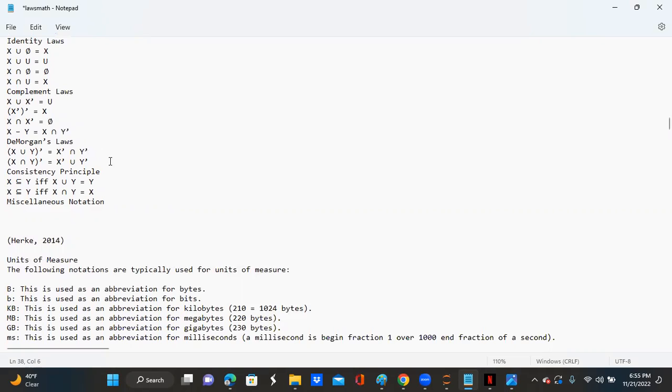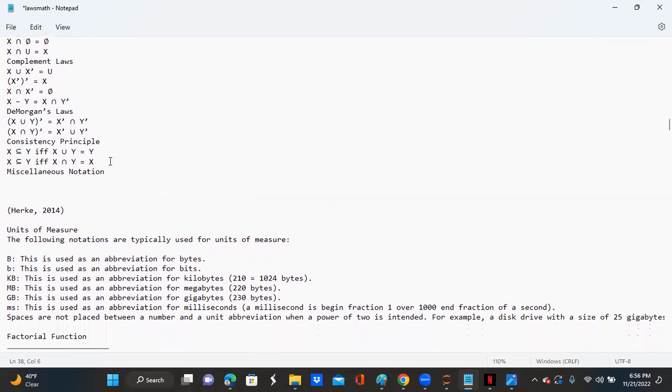The intersection of x and x prime equals a null set. X minus y equals x's intersection with y prime. De Morgan's laws: the complement of the union of x and y is equivalent to the intersection of x prime and y prime. The complement of the intersection of x and y is equal to the union of x prime and y prime.